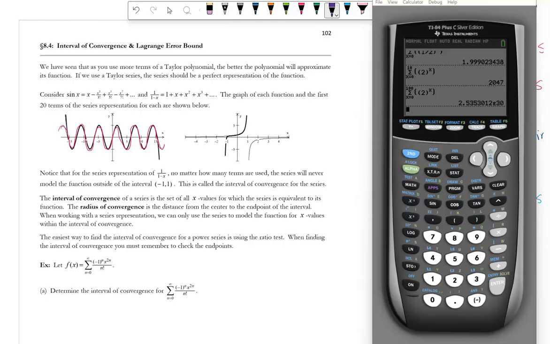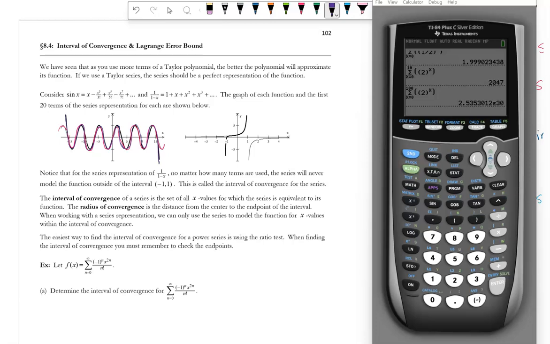Notice that in the middle here, one lies totally on top of the sine of x, but we can see that it's going to eventually diverge from the graph of the sine of x. For those first 20 terms, those two graphs are indistinguishable from one another, and this happens for a certain interval before they diverge. Of course, if we use more terms, we could get those to stay closer together for longer. So sine of x and its series representation are identical to one another.